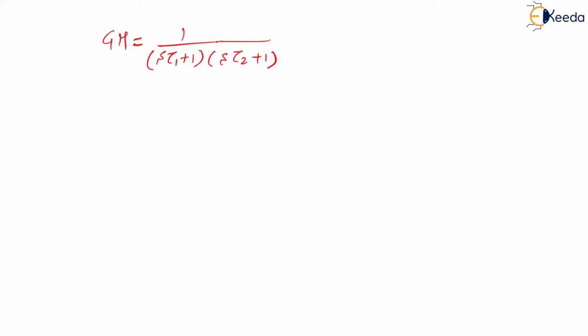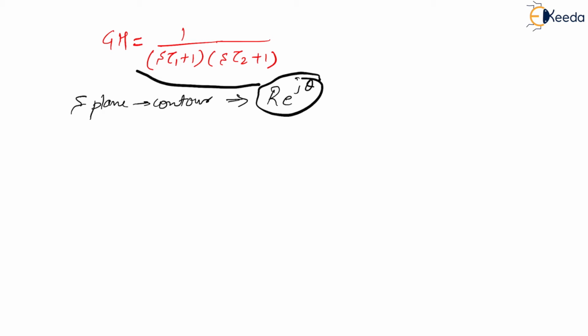I know that in the S plane I have a contour which is r into e to the power j theta. Now I want to map this contour onto the GH plane. So I will simply replace my S by r into e to the power j theta.